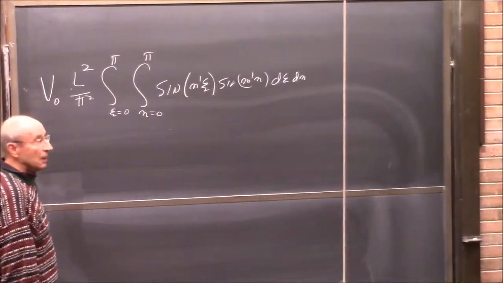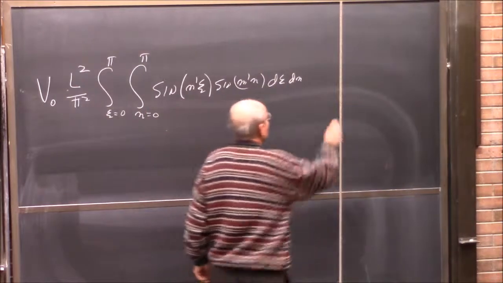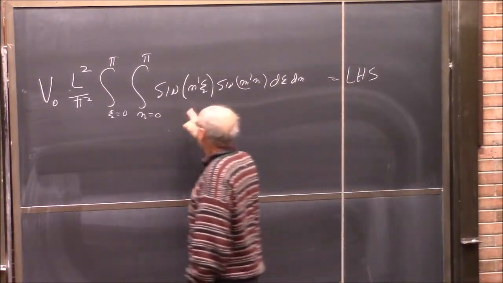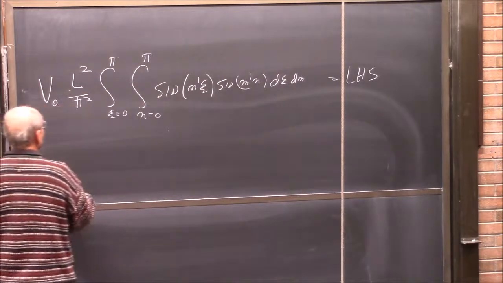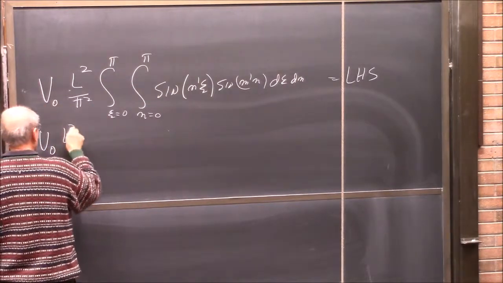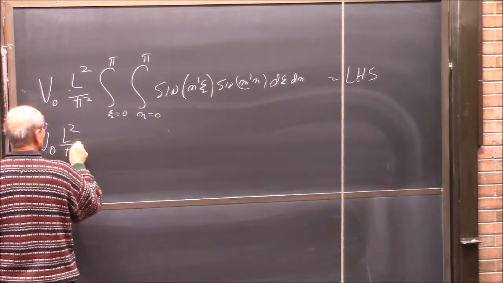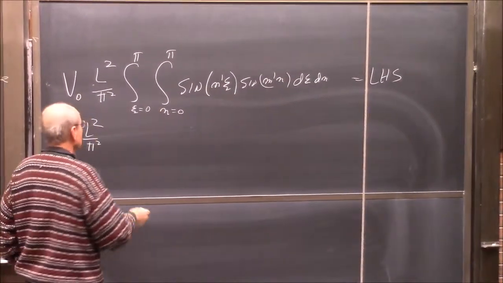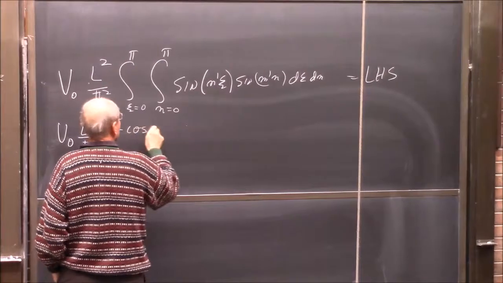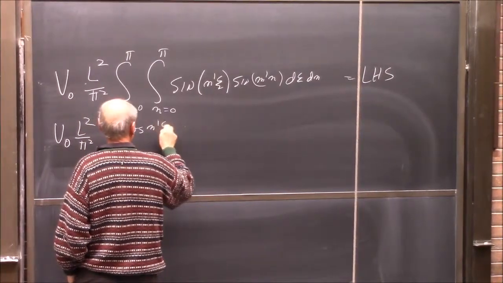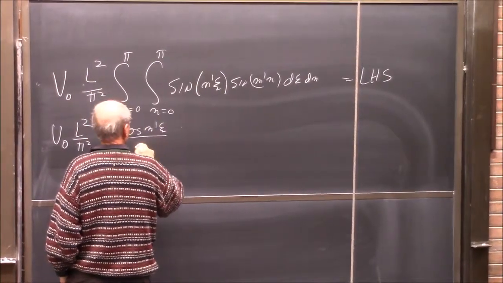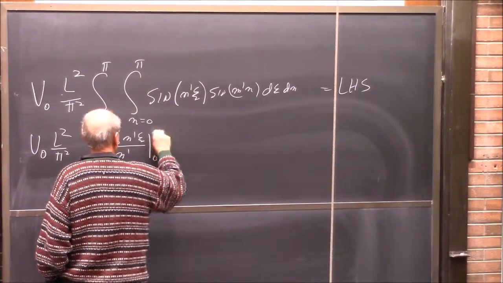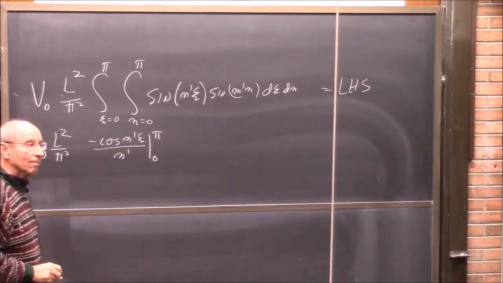This is the left-hand side. So now do this integral, the first one. v0 L squared over pi squared. Now the integral of sine is minus cosine over n prime, evaluated between 0 and pi.